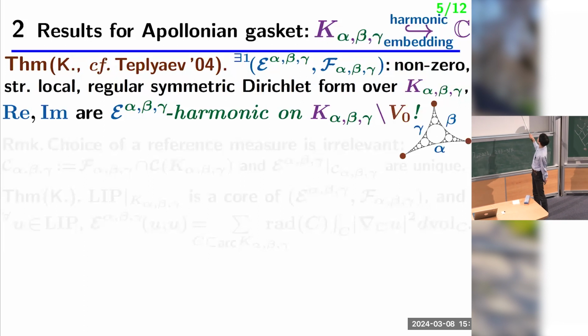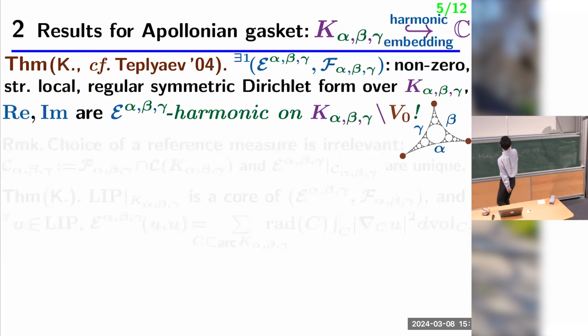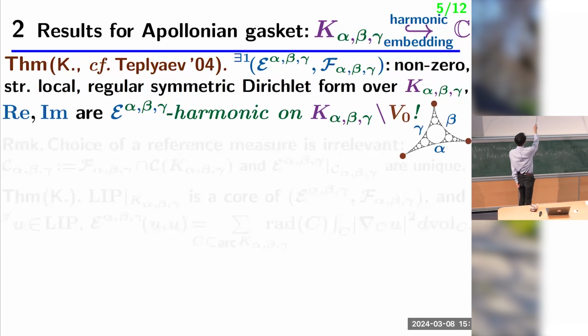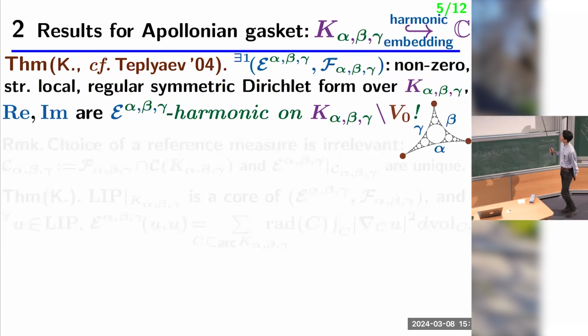Later I studied this particular case a bit further, and I managed to prove that actually such a Dirichlet form is unique, up to a positive constant multiple of the form, of course.